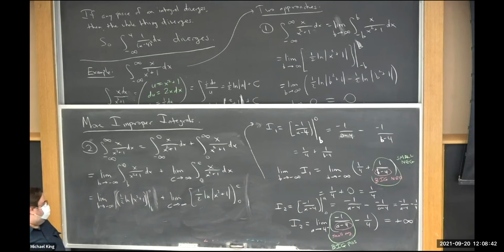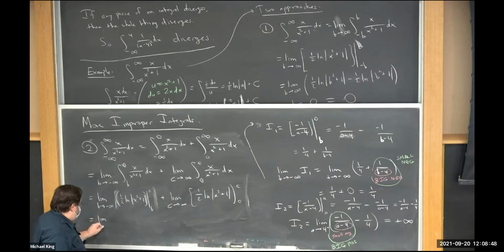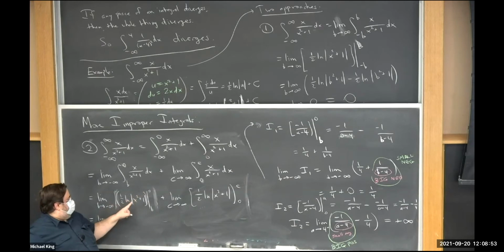Okay, now what happens when we plug in? When we plug in 0, we get natural log of 1, which is 0, right?